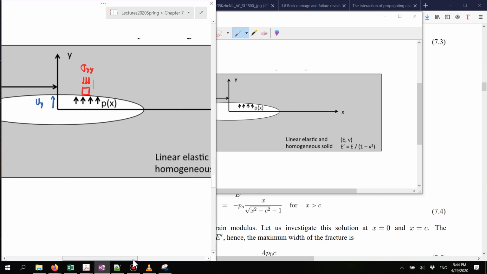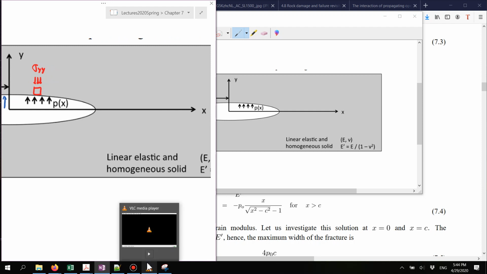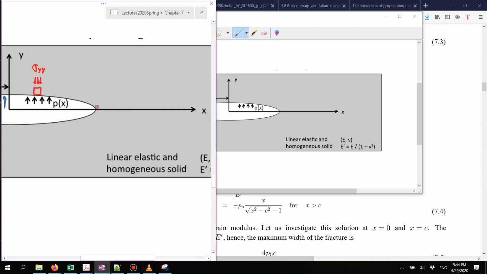The question here is what happens at the tip. And at the tip of the fracture, as we're going to see later, this is going to be, instead of a compression, a tension. And that tension, that stress at that location is the stress that we're going to solve.